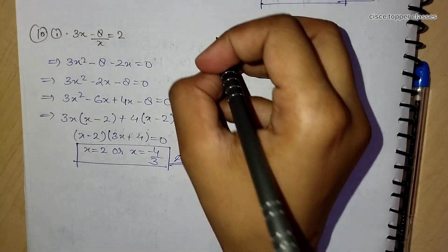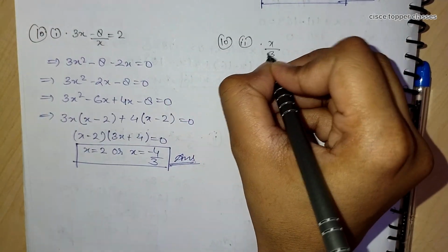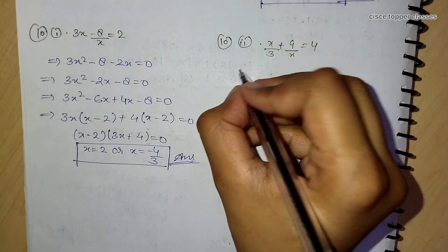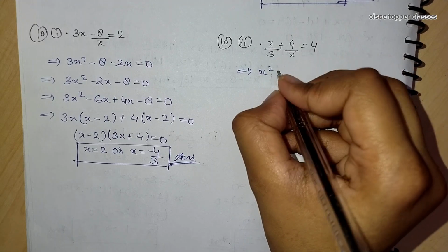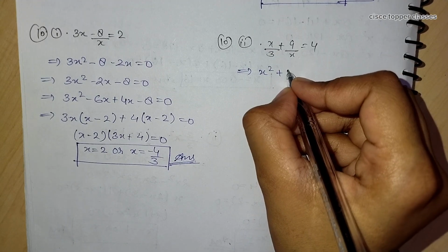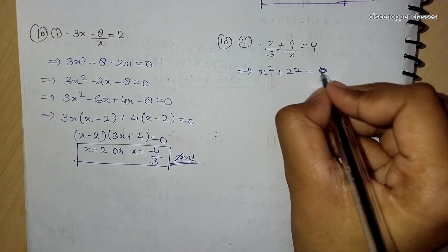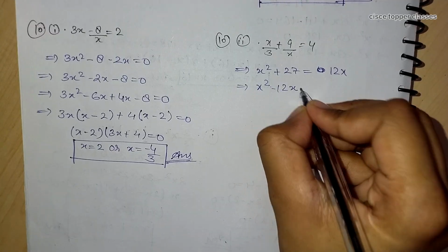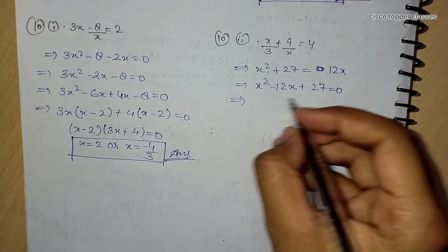Now let us solve 10th second part here, which is x by 3 plus 9 by x equal to 4, and here on taking LCM we will get x square plus 9 into 3 here as 27 equal to 4 into 3x, that is 12x. So here we can write x square minus 12x plus 27 equal to 0. 27 is equal to 9 into 3.